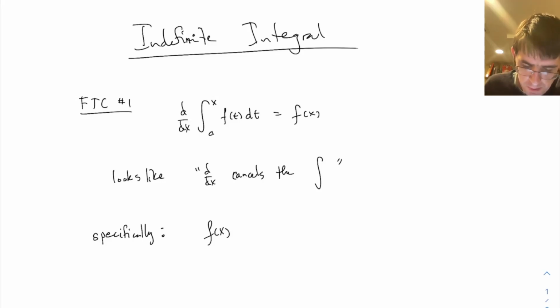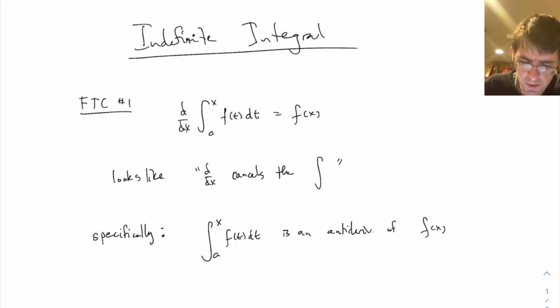Sorry, I meant to start with the integral here. I'm still kind of in a daze from the COVID. That's because the derivative of this integral is f of x, which means the integral itself is an antiderivative of f of x.